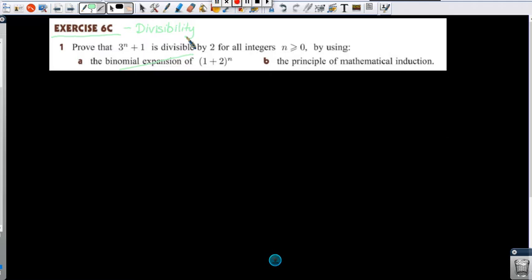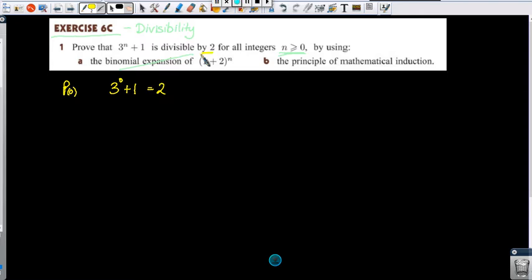All right, now, for starters, we're trying to get out of the habit because every question we've done so far, the first term was P1. This one, because n is greater than or equal to 0, we want to prove that P naught is true, for P of 0. So we go 3 to the 0 plus 1. 1 plus 1 is 2.